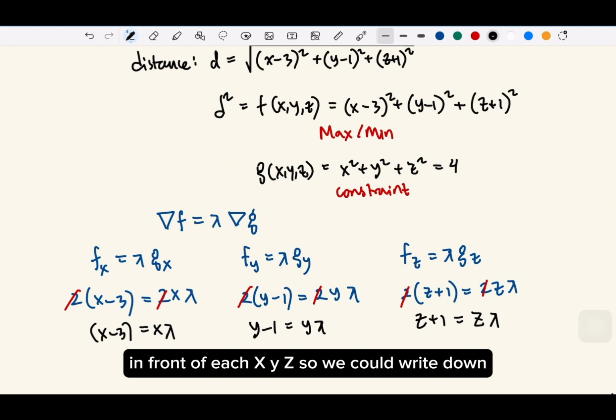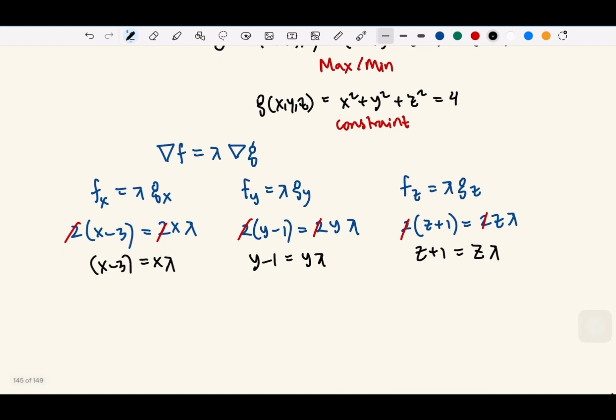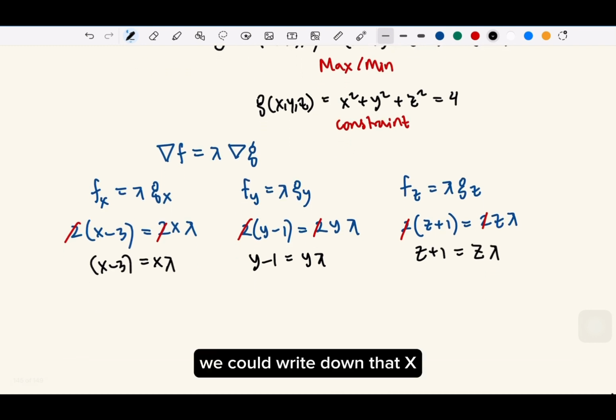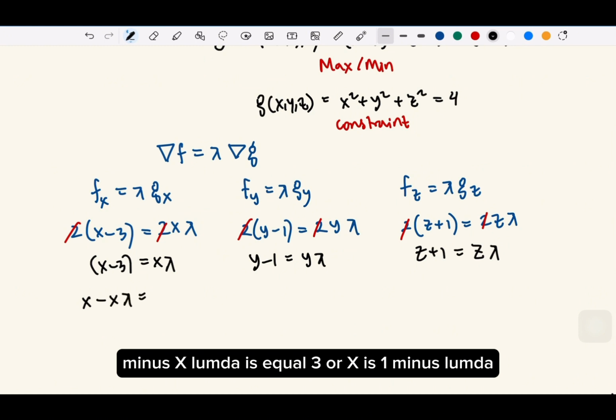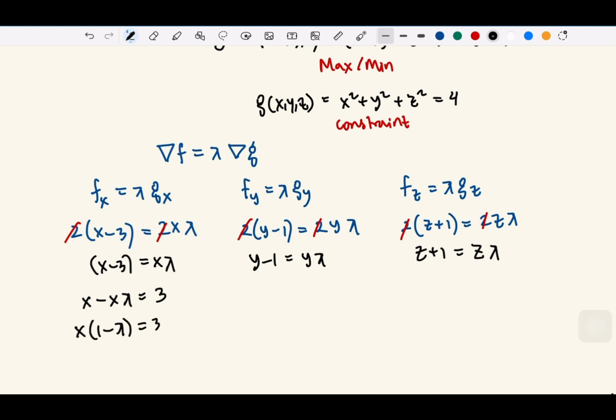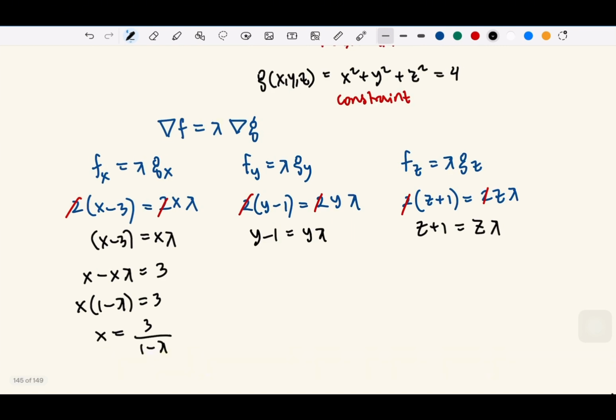So we could write down that x minus 3, or I mean write x minus x lambda is equal to 3, or x is 3 over 1 minus lambda. Same thing with y.